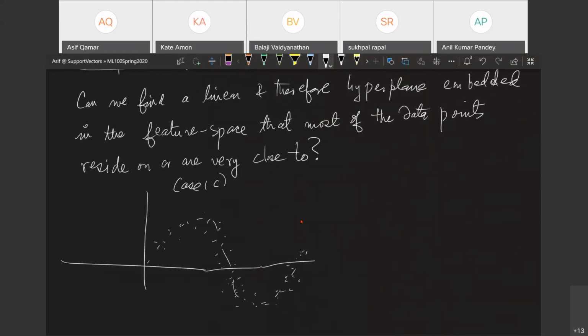No, it is close to a curve. This curve is not a line, is it? Because it's bent, lines are straight, right?